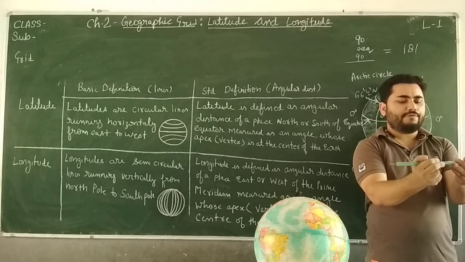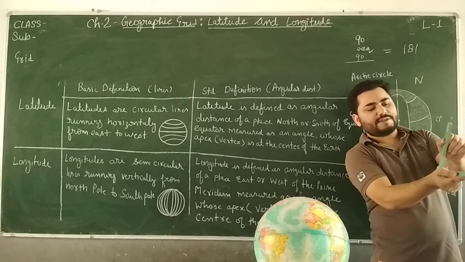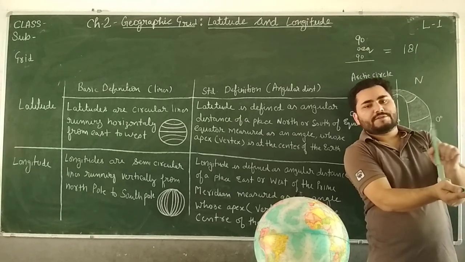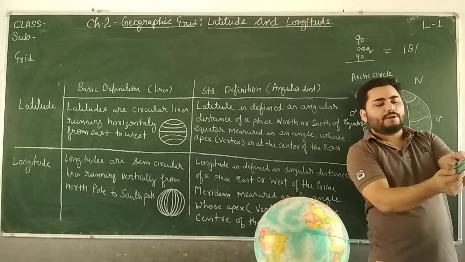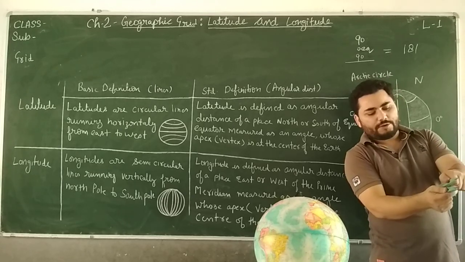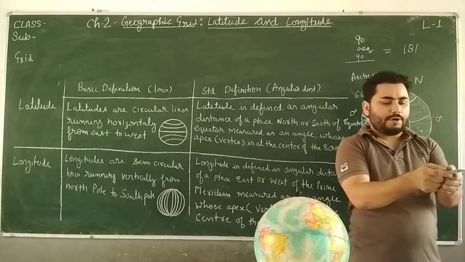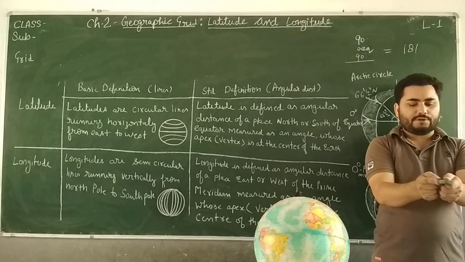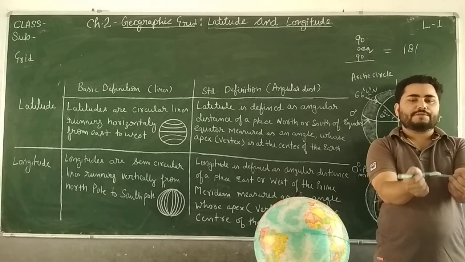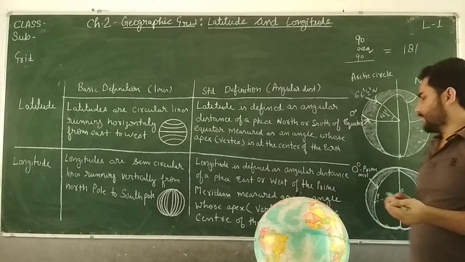And if we are measuring distance this way, going upside and downside, going north and going south, then this is latitude. And this, going towards east and towards west, is called lines of longitude, which we will study.